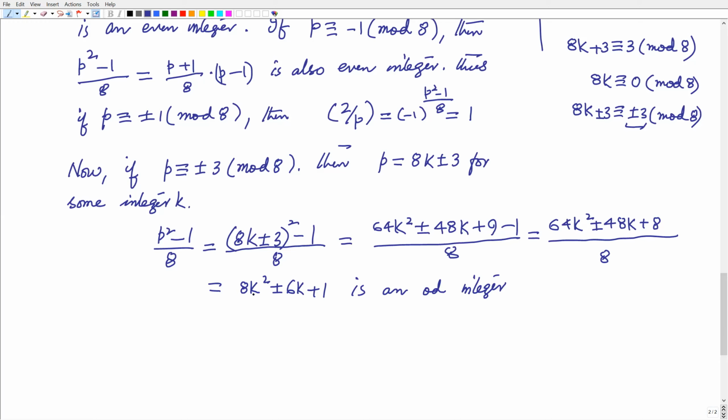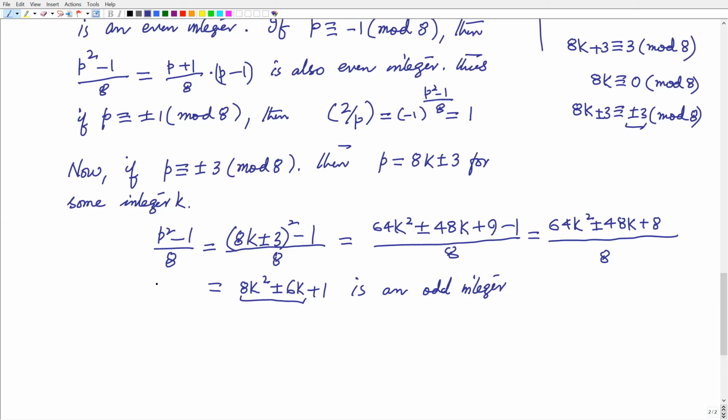For any integer k square, 8 times k square is an even number. So the sum or difference of two even numbers is an even number. So whenever one is added to an even number, we will have an odd integer. So whenever p is congruent to plus minus 3 modulo 8, then (p square minus 1) by 8 is an odd integer.